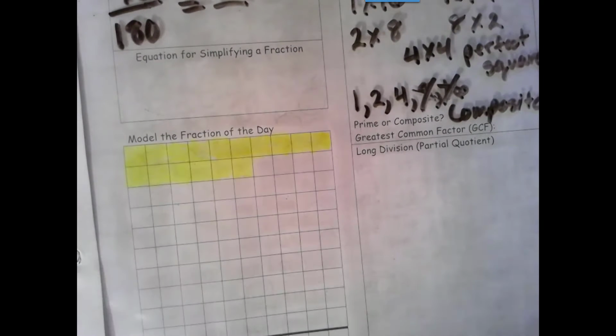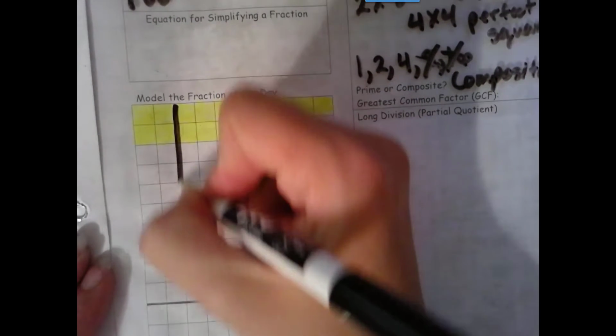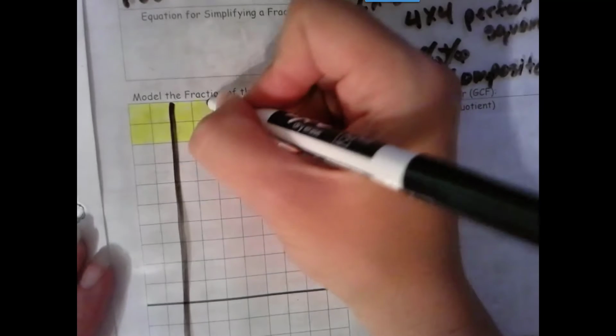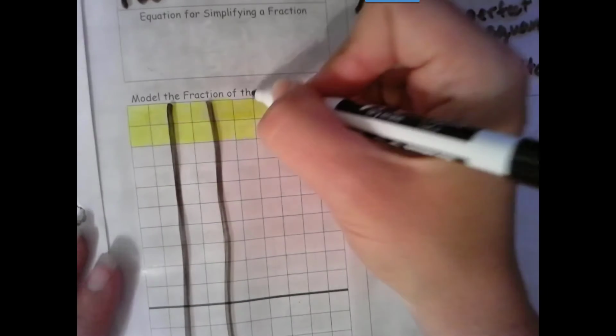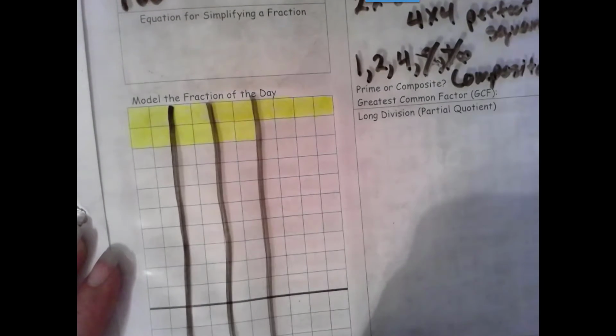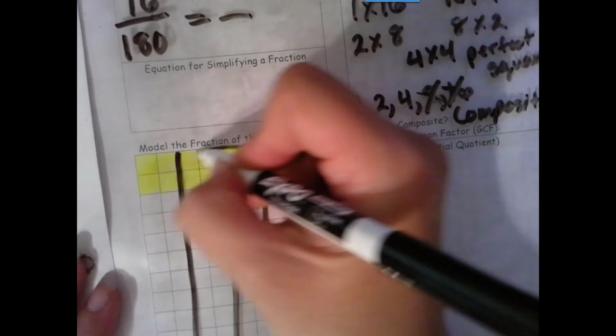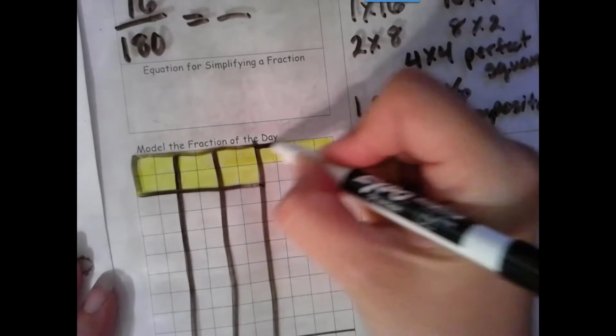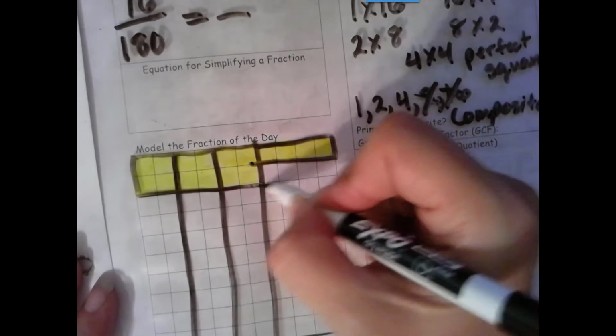Let's try 4. 4 is also a perfect square, so I'm going to use that knowledge to help me with making groups of 4.